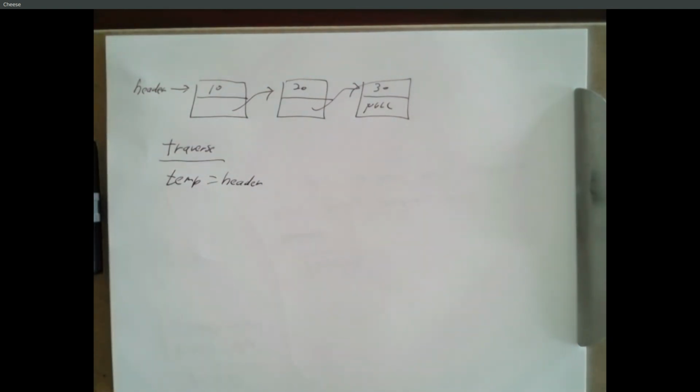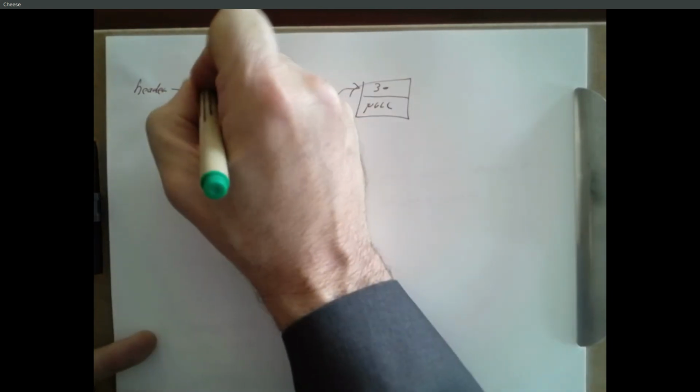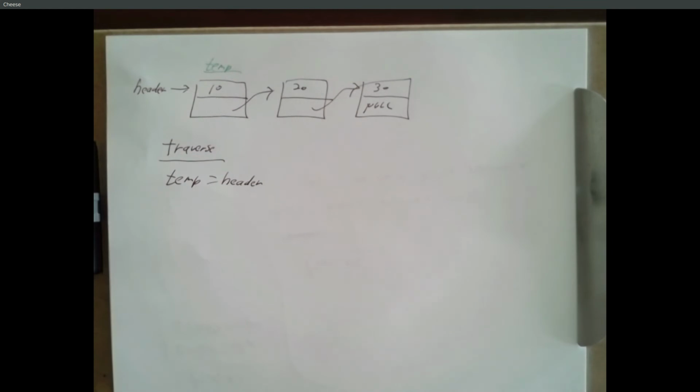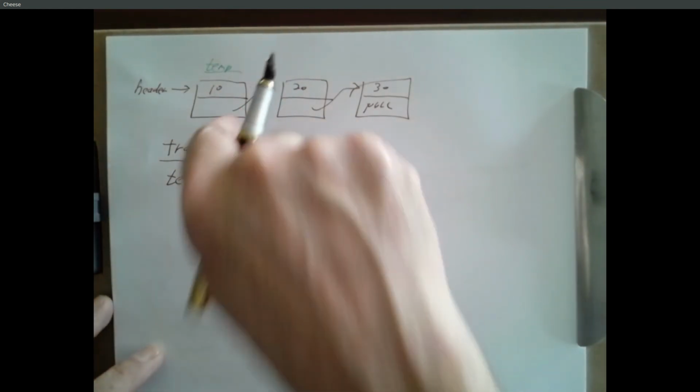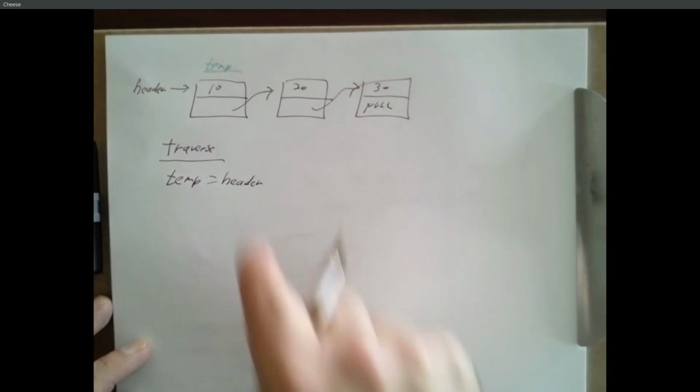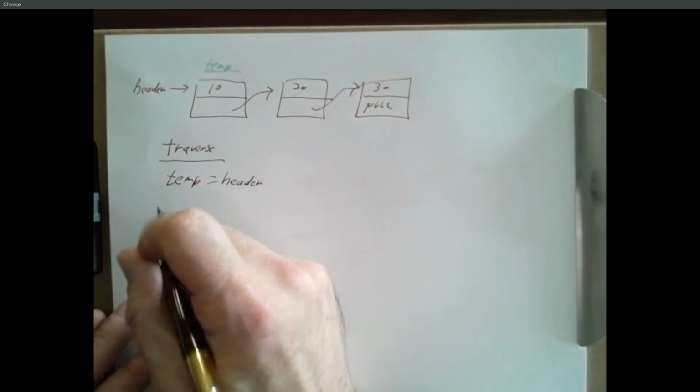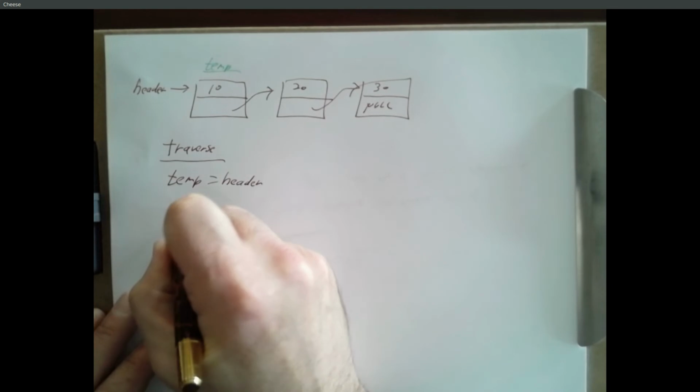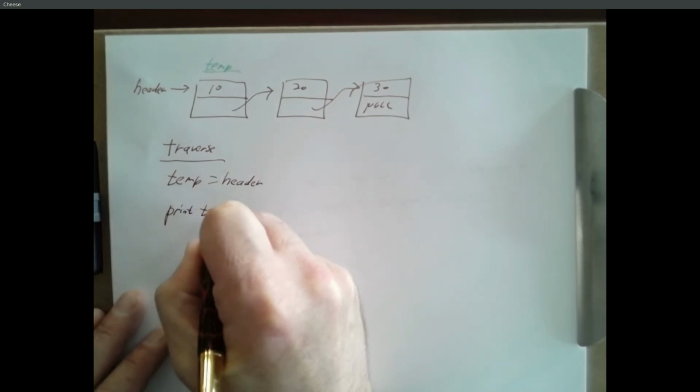And I'm going to draw on my picture the word temp above this first node to let me know that temp is basically referring to this first node of the list. And I want to print out its data field, so I'm going to say print temp.data.